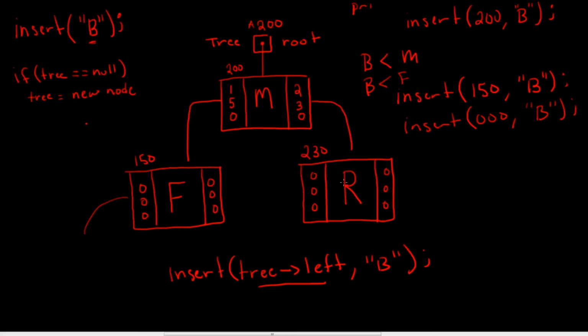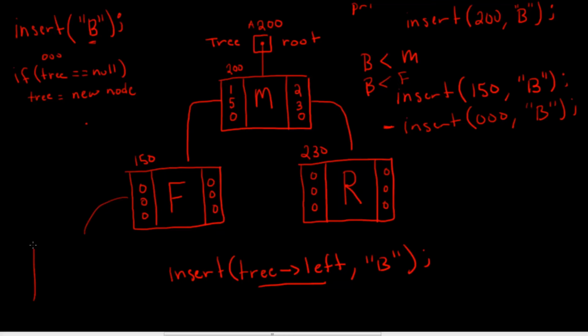Okay, so at this point we call the function again and look at the base case. Tree is just a pointer that keeps changing: tree left, tree left. So now at this point, tree in this insert equals 000. Is 000 equal to null? Yes. So now we can insert the new node.